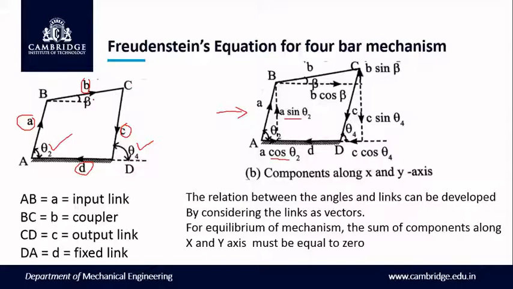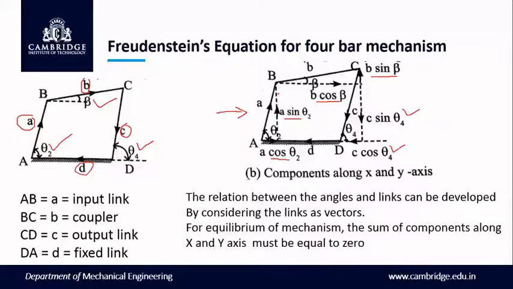Similarly, let us consider angle beta, the angle of coupler with respect to the horizontal. Hence, the opposite will become b sin beta and adjacent will become b cos beta. Since the output link angle is theta 4, the opposite will become c sin theta 4 and adjacent will become c cos theta 4. Now, by considering these components, let us continue further.